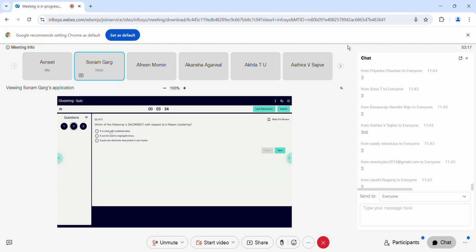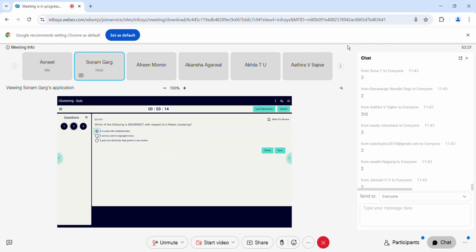See, one is not correct. One is it is used with unlabeled data. This is right. It has to be used with unlabeled data. This is k-means clustering, not KNN. Names are confusing here. It is not k nearest neighbors, it is k-means clustering. Use it on unlabeled data, we have seen why.